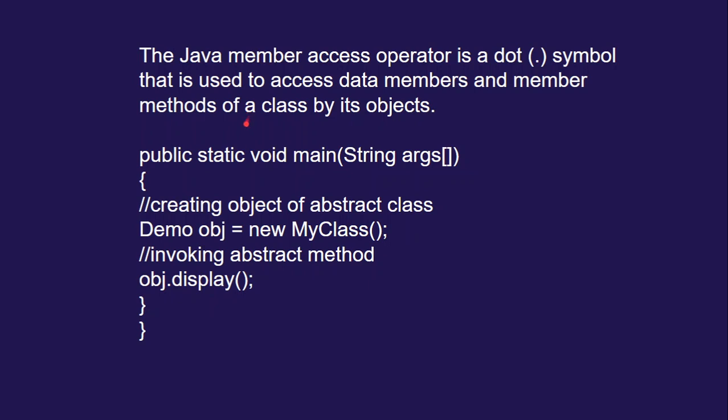We are just calling this display function by the member access operator on the object. So we can apply these functions on any objects inside or outside the class depending upon the class access specifiers. The point here is that the dot is the member access operator which helps to obtain the data as well as the function for the object.